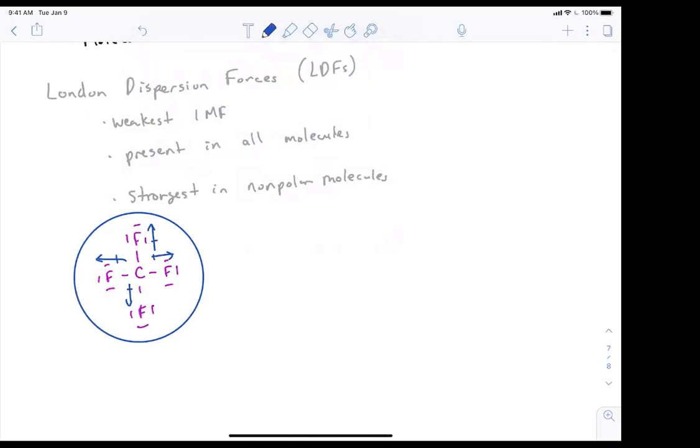They're all the same negative. So there's no overall polarity for the molecule. So this would be a nonpolar molecule with polar bonds.